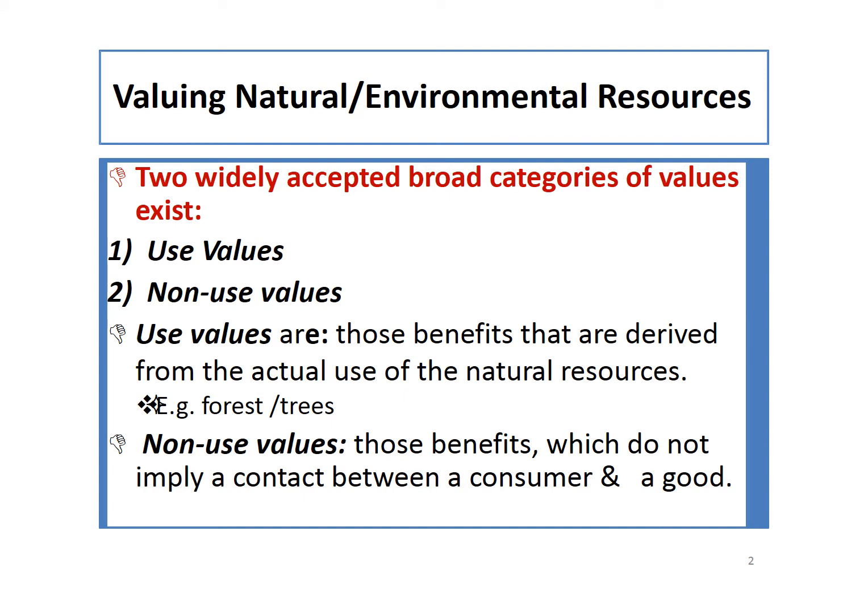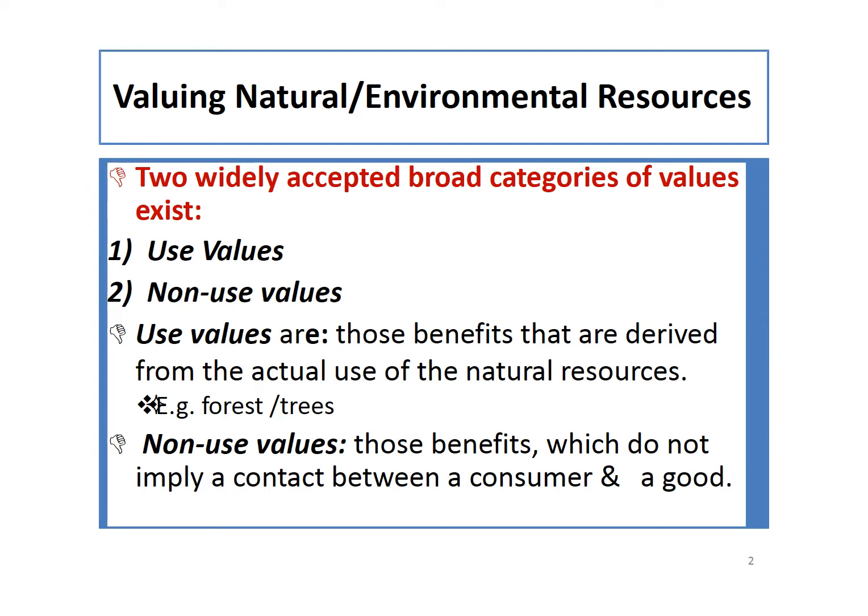There are two widely accepted broad categories of values as far as natural resources are concerned. The first one is what we call use values. The use values take into account those benefits that are derived from actual use of the natural resources.